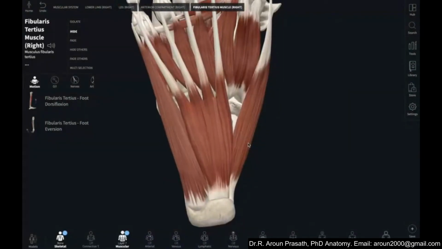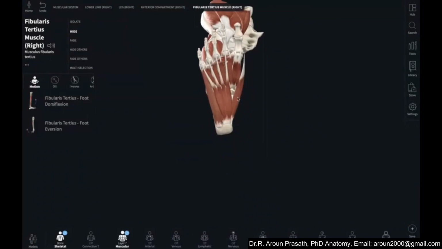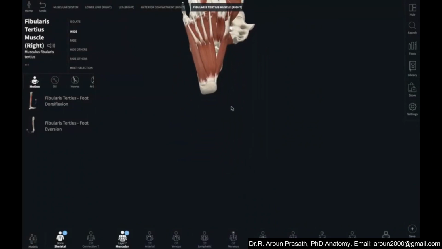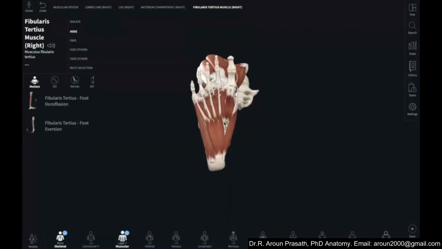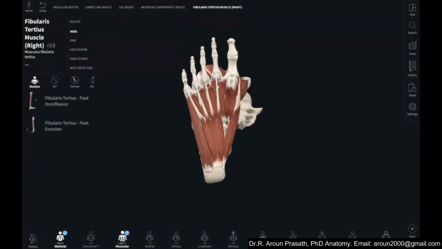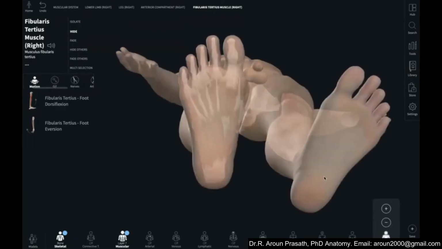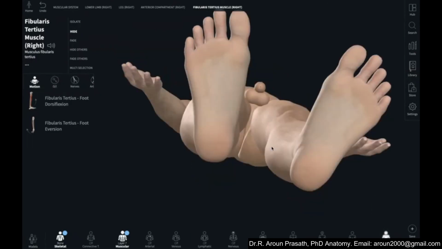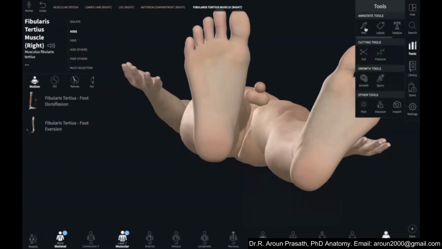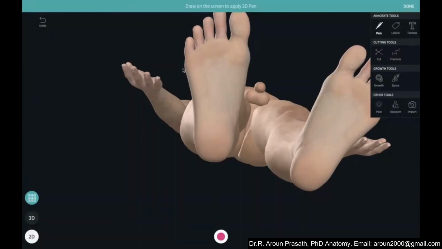Now what you are seeing down is the muscles of the foot. This is the inferior aspect of the foot, and what you have to observe here is the arch.